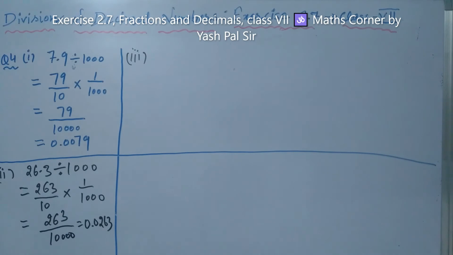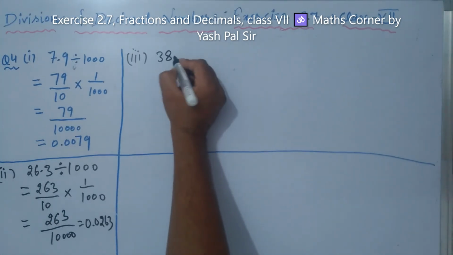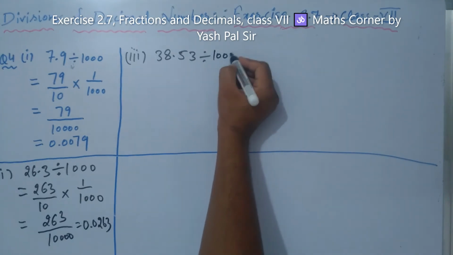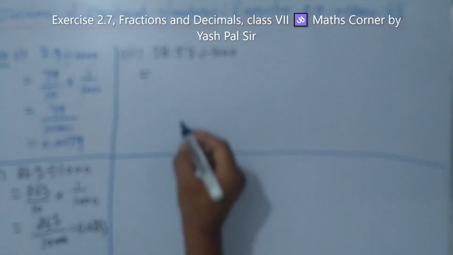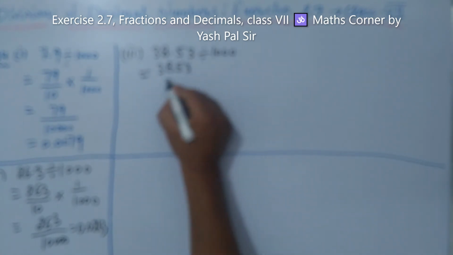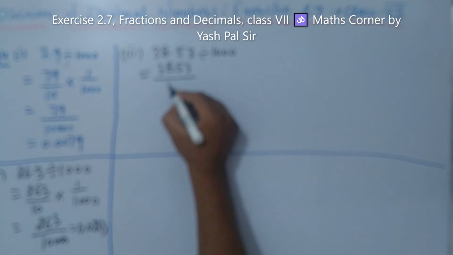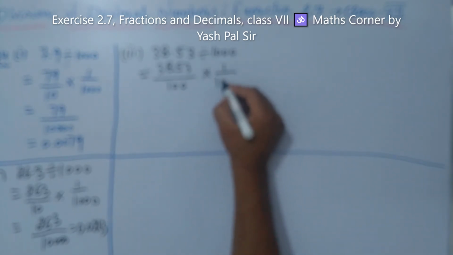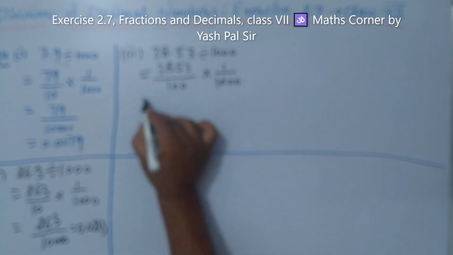Now third part, we have 38.53 divide 1000. This means 3853 divide 100 into 1 upon 1000.